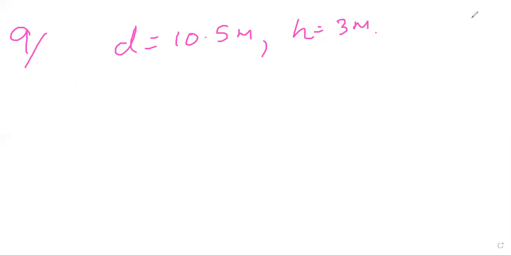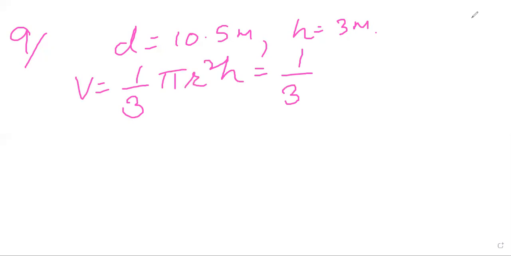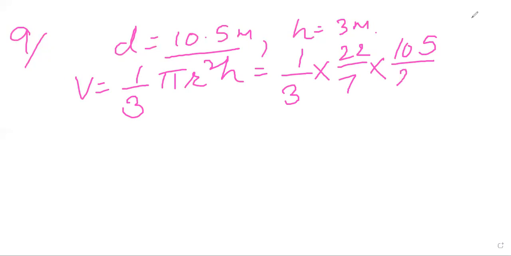So to make the canvas we need its area, and from the base it will be open, it will be covered just from the top. So we'll find the CSA. Firstly, we'll find the volume, and the volume is 1 upon 3 pi r square h. 1 upon 3 into 22 upon 7 into radius, which will be 10.5 divided by 2, that is 105 upon 20, into 3.